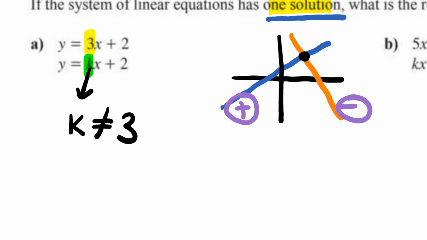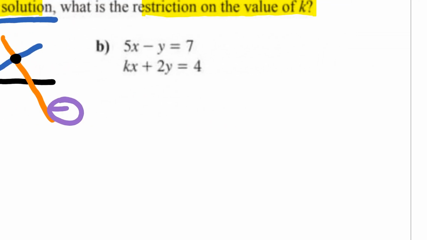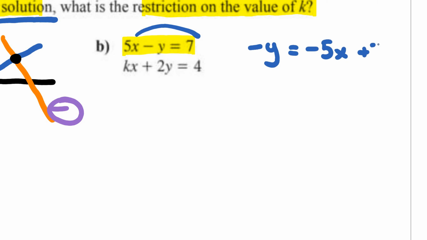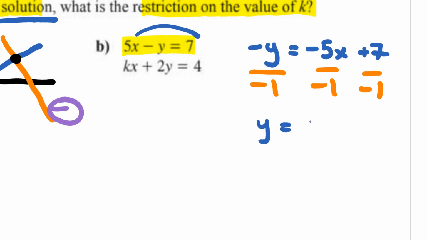Okay, let's move on to letter B. For letter B, we've determined that if you want one solution, the slopes have to be different. Let's write this in the form y equals mx plus b. I bring the 5x over, so I have negative y equals negative 5x plus 7. Divide both sides by negative 1, and we get y equals 5x minus 7.